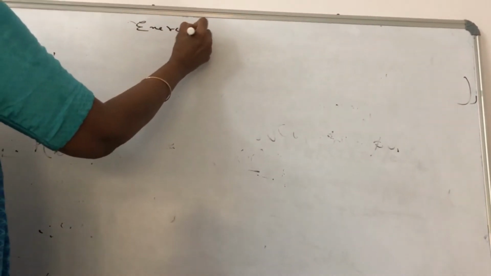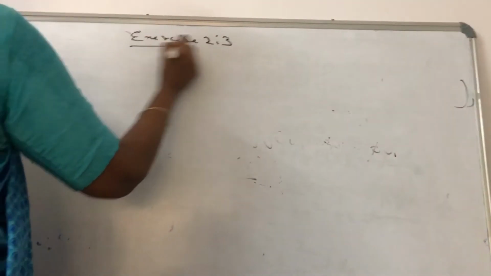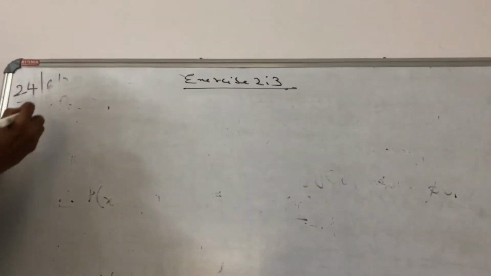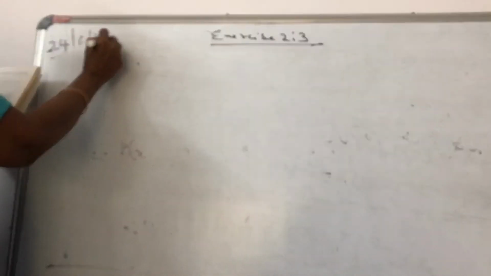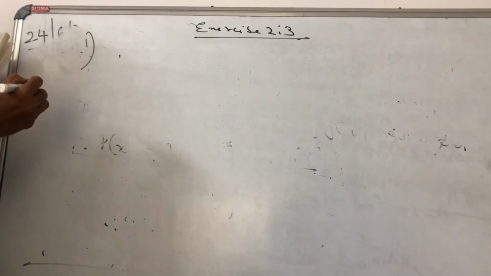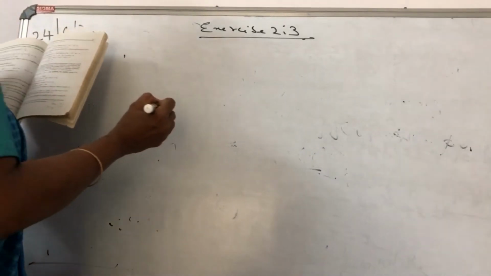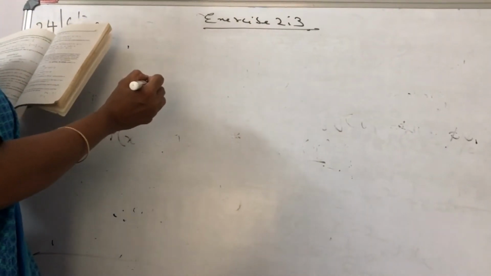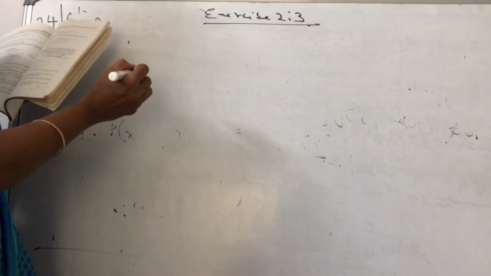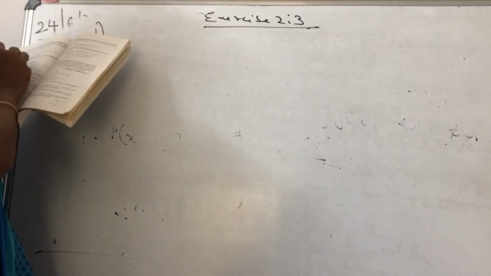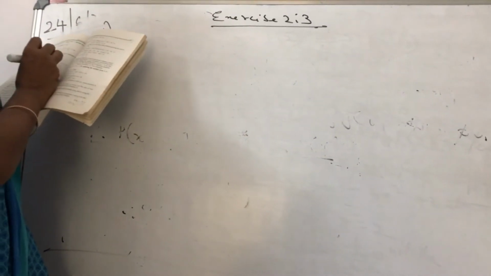Exercise 2.3. Find the remainder when x cubed plus 3x square plus 3x plus 1 is divided by the following divisors.